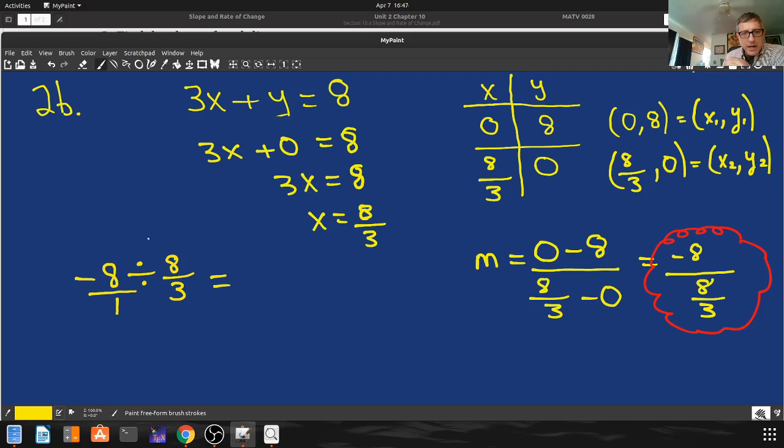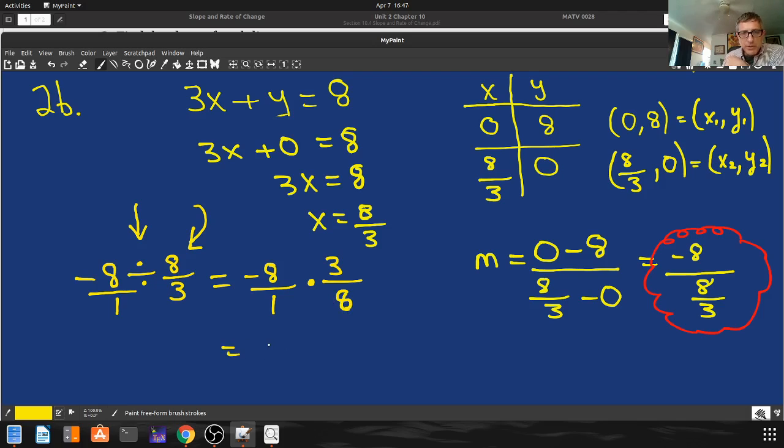And then I leave the first all by itself, as is, but I'm going to change the division sign into multiplication. And the price I have to pay is I have to write 8 thirds as its reciprocal, which means if it's negative, it stays negative. If it's positive, it stays positive. But the numerator and denominator flip.